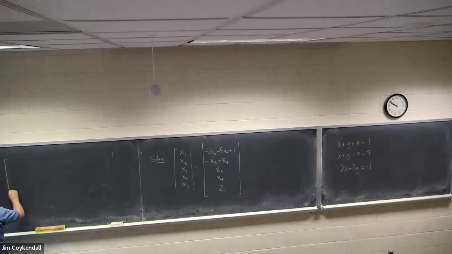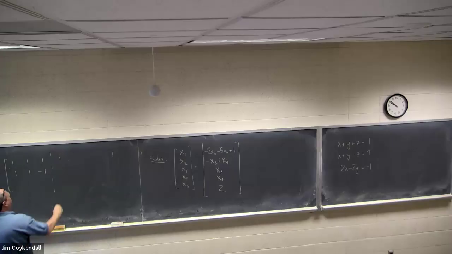I'll write the matrix for this. I get 1, 1, 1, 1. And I have 1, 1, minus 1, 4. And then I get 2, 2, 0, negative 1.